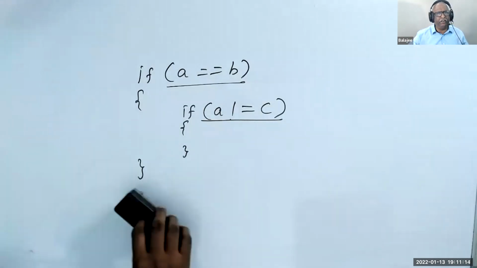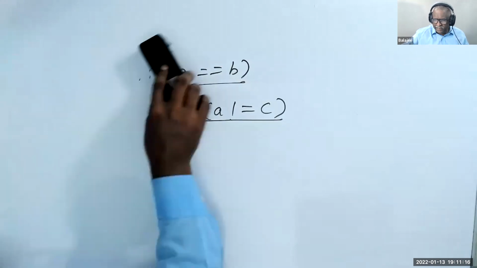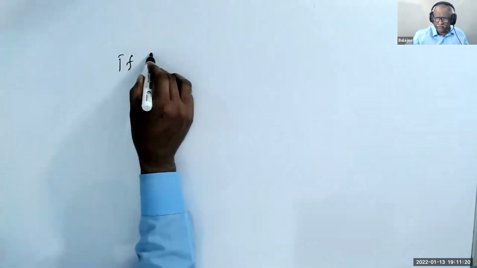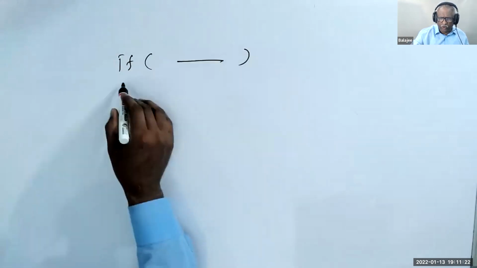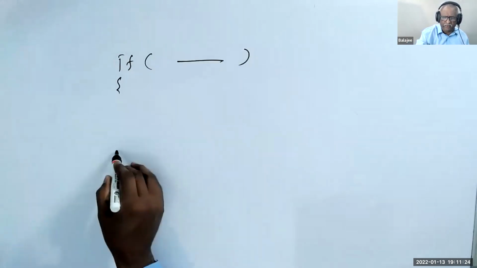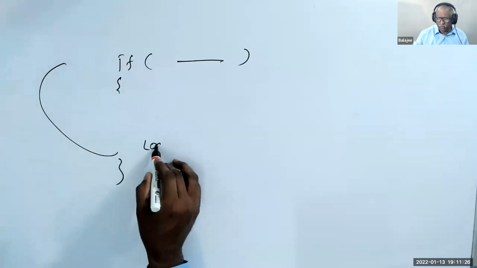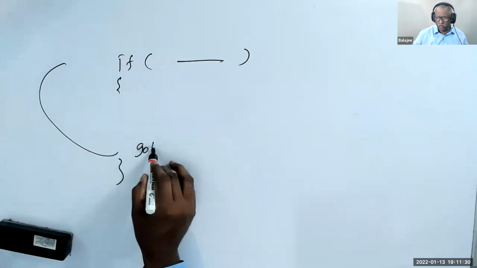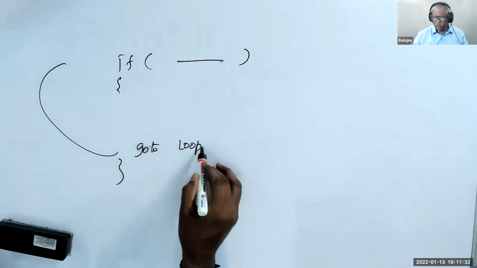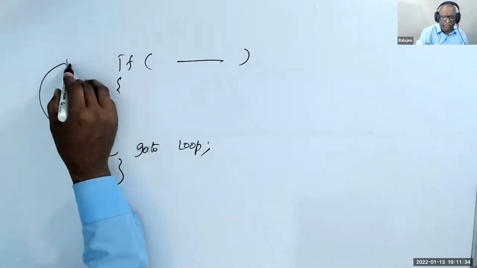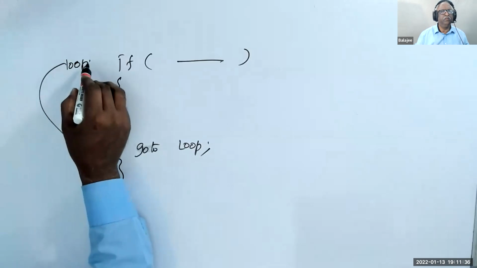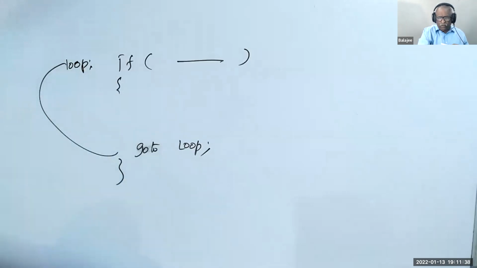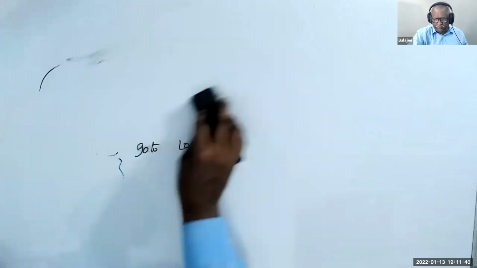The second one, after you have done this, is like this. We do if some condition, then do this and go back. So loop. Go to loop. This is where we get stuck second. Now the third one is this.